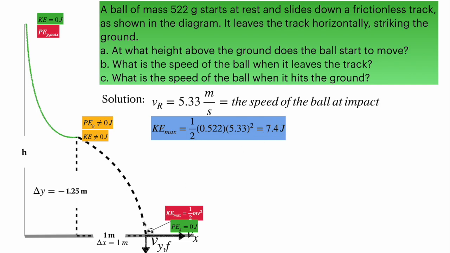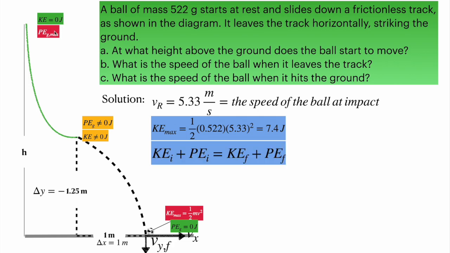At any point in the entire path, wherever you check, the mechanical energy is supposed to be 7.4 joules. So even here, potential energy is supposed to be 7.4 joules because kinetic energy is 0.